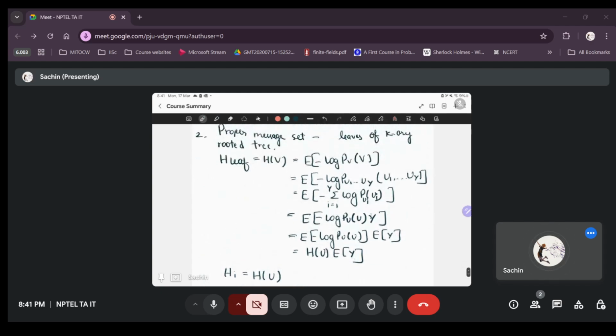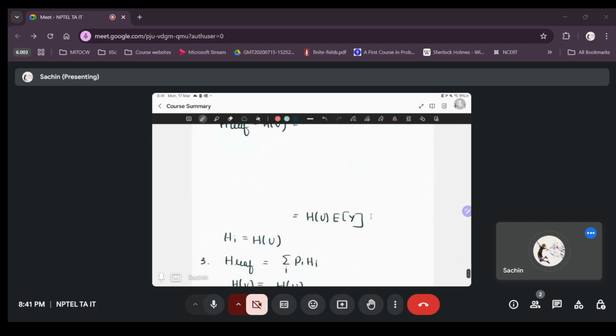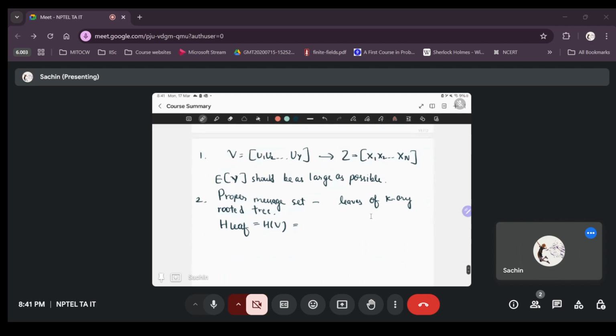Okay, this is the derivation from the tree. I'll write the result directly then: E of Y times H(U).